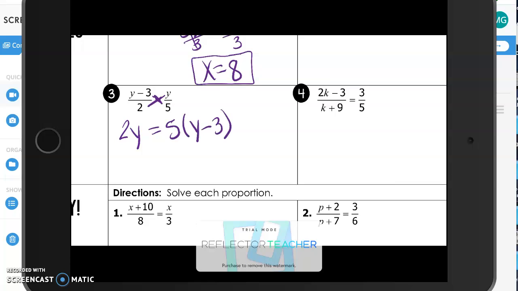So you need to put the y minus 3 in parentheses to show that you're multiplying 5 times this whole thing. Now, some of you will be able to just distribute as you write the problem down. So you might be able to skip this first step. Okay? So you might be able to get right to 2y equals 5y minus 15.